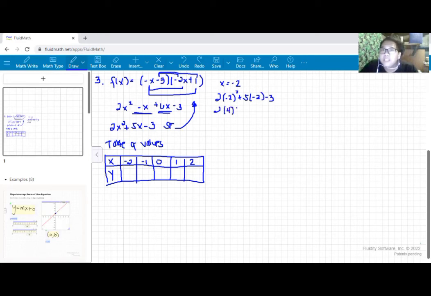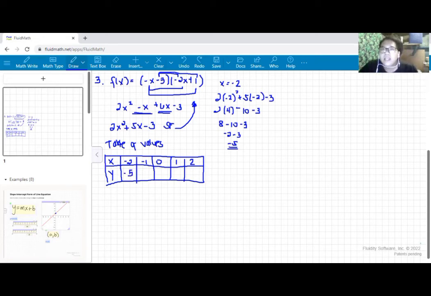So positive times negative, the answer is negative. So 5 times 2 is 10 minus 3. Next, 2 times 4 is 8 minus 10 minus 3. 8 minus 10 is negative 2 minus 3. Therefore, our first value is negative 5. So we are going to write here negative 5.